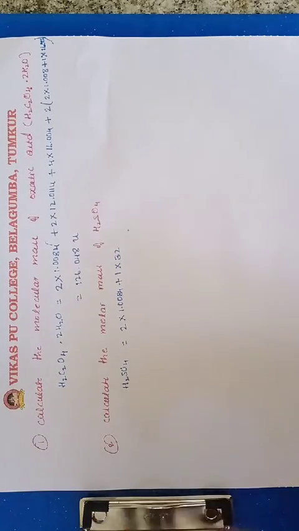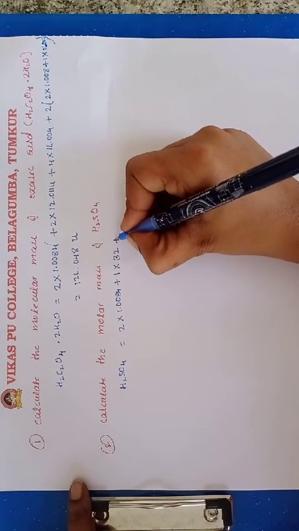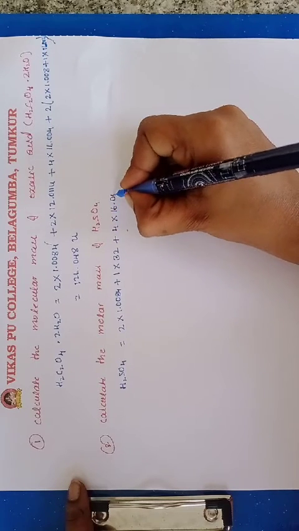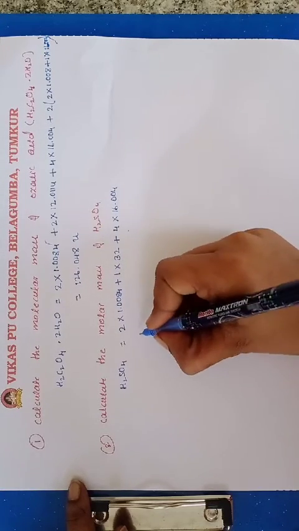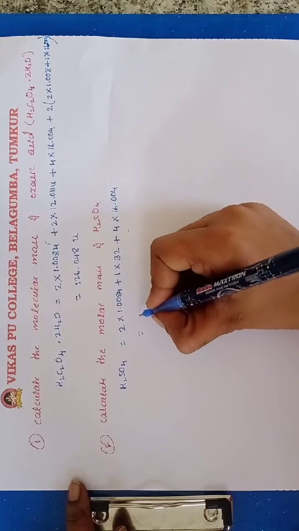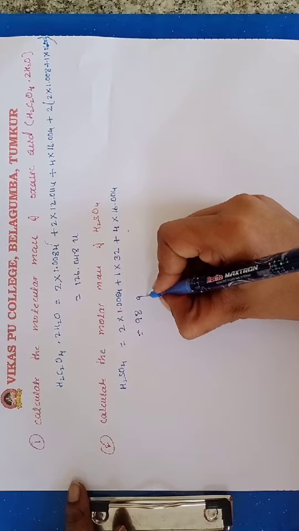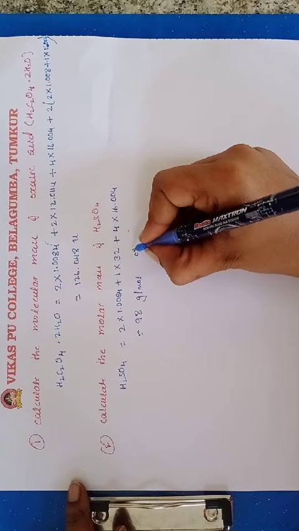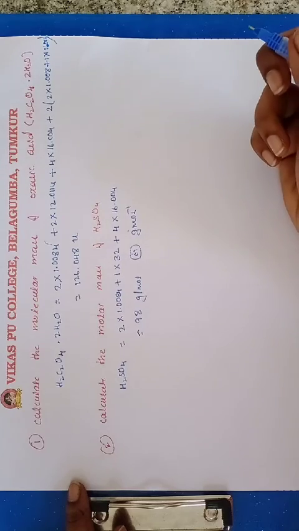If you want, you can write 1 also here instead of 1.0084. Then the number of oxygen atoms is 4, so 4 into 16.004. Calculate this, and we are going to get approximately 98 gram per mole. You can write gram per mole like this, or one more method of writing is g/mol. This is the method we are going to use.